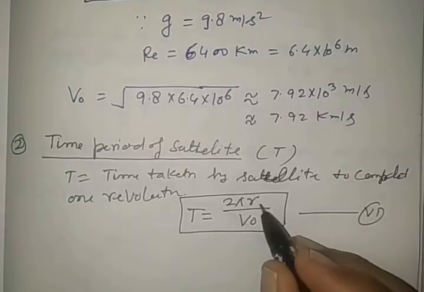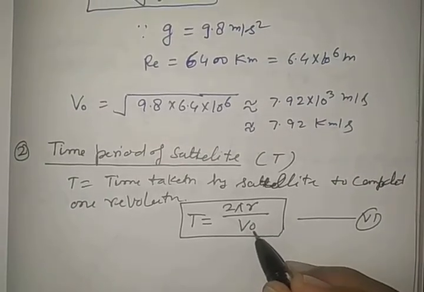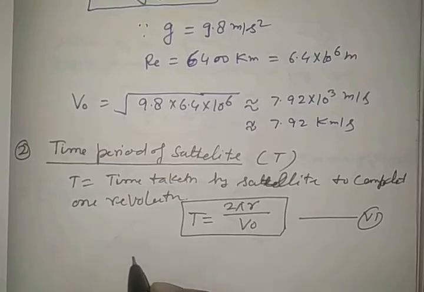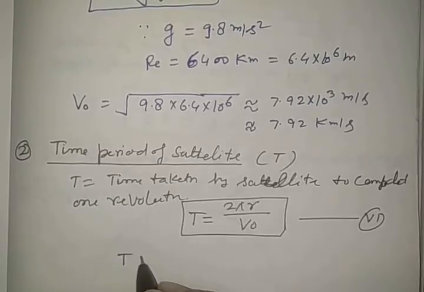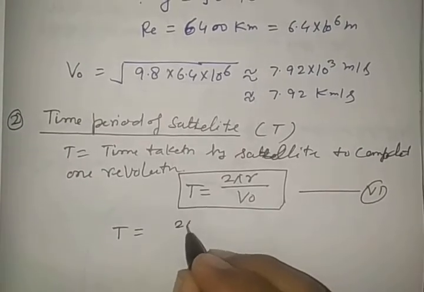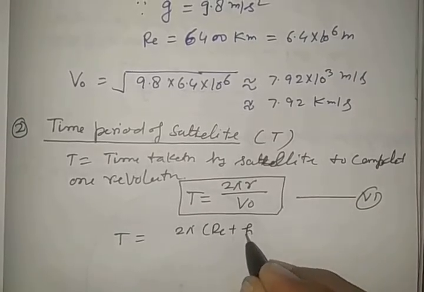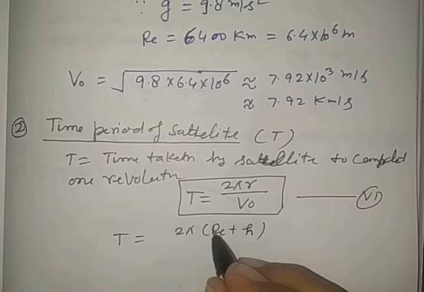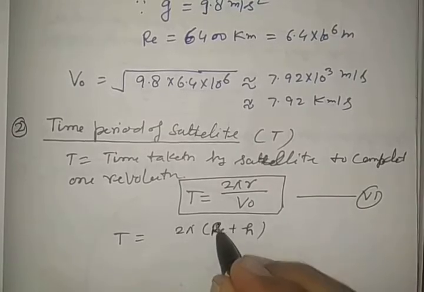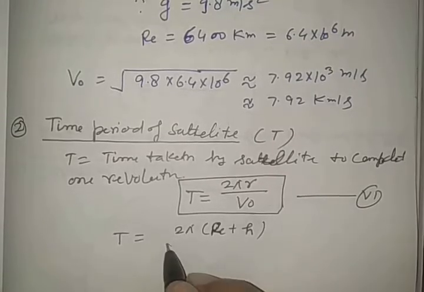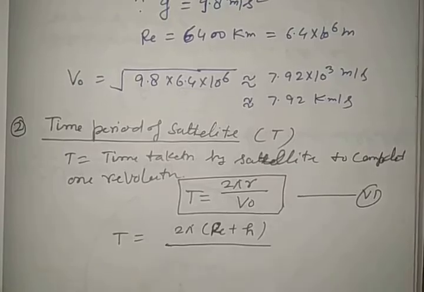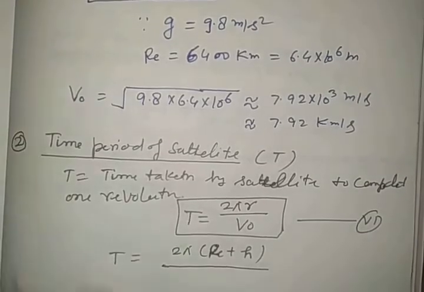Now putting the values of r and VO, we can write T is equal to 2 pi r, where small r is equal to RE plus H, as we know from the diagram explained in the beginning, and the orbital speed from equation number 4.